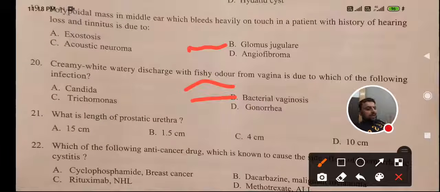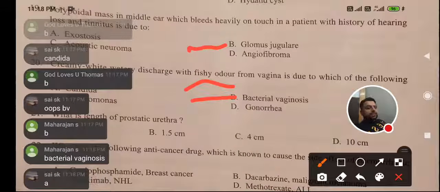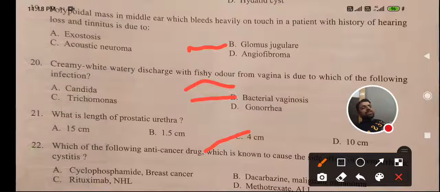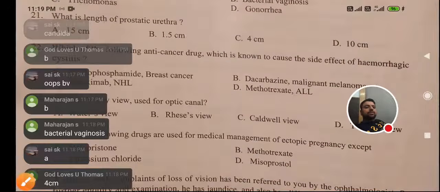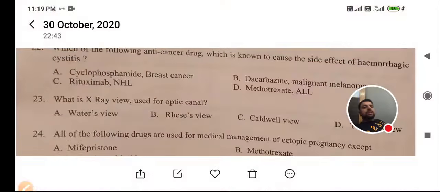The prostatic urethra is 4 centimeters. If the complete urethra, the size is 15 centimeters, but only the prostatic urethra is 4 centimeters. So 4 centimeters is the best answer.